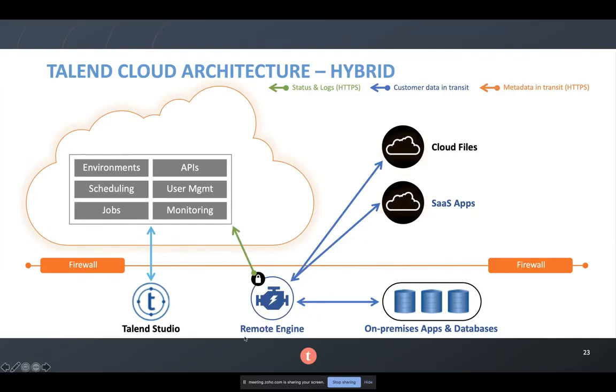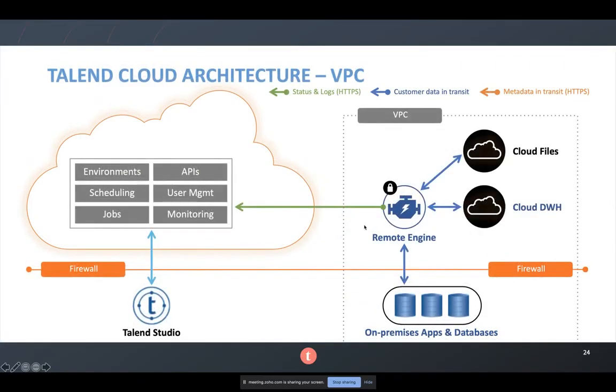But you can have the execution engines, called remote engines in Talend terminology, running on your premises or even in your virtual private cloud, which are the ones executing the job with you, keeping, and this is very important, the data in your premises, behind your firewall or in your virtual private cloud. So basically, you always have different options to architect a data management platform.